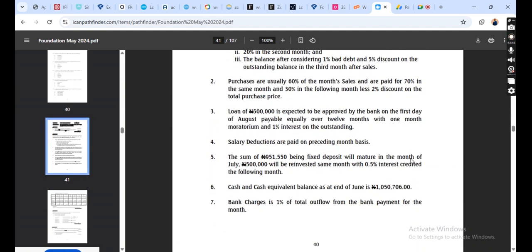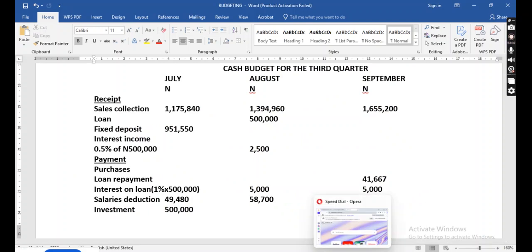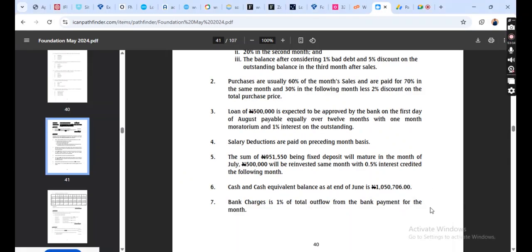Which one again? The amount reinvested, which is the 500. The purchases, class. The purchases. The interest paid, right? Am I communicating, please? Yes, sir.